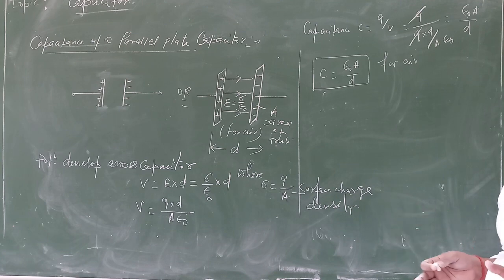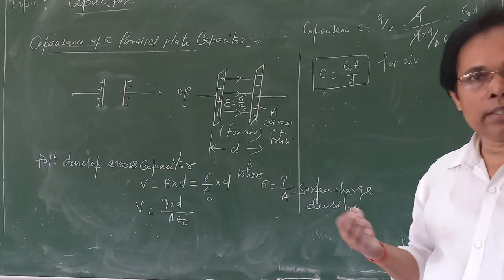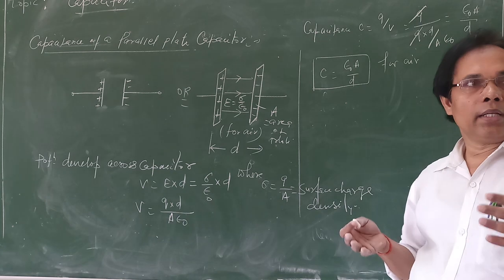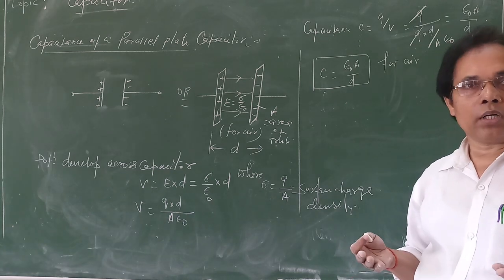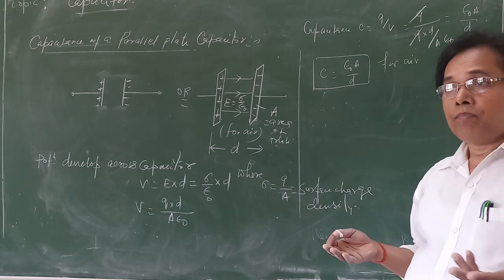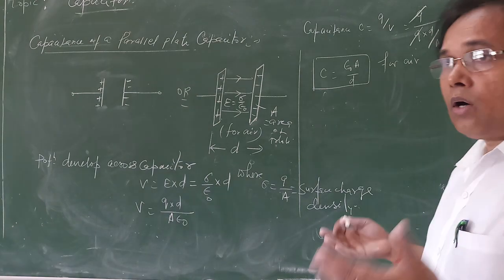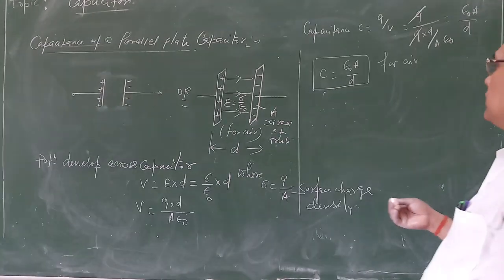Suppose in between the two plates of the capacitor there is another medium. If you keep any other medium like paper, water, glass, or mica, how does the capacitance of this capacitor change?